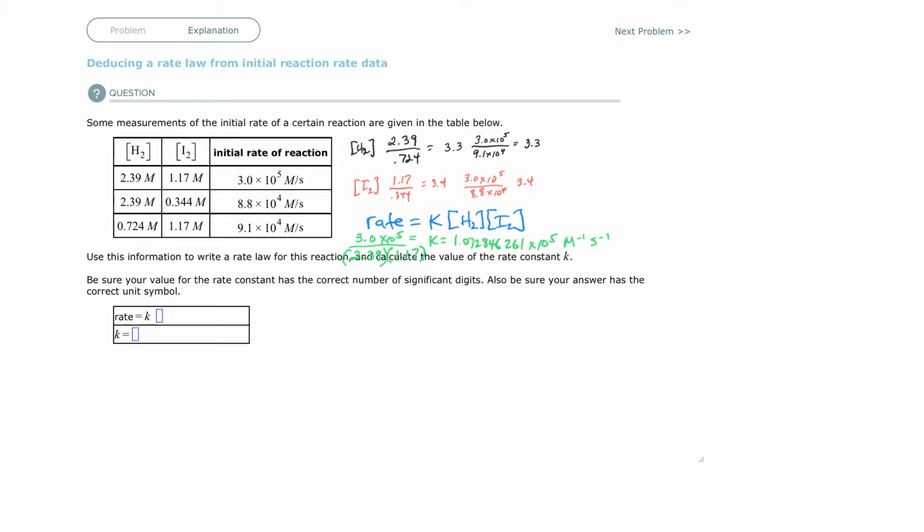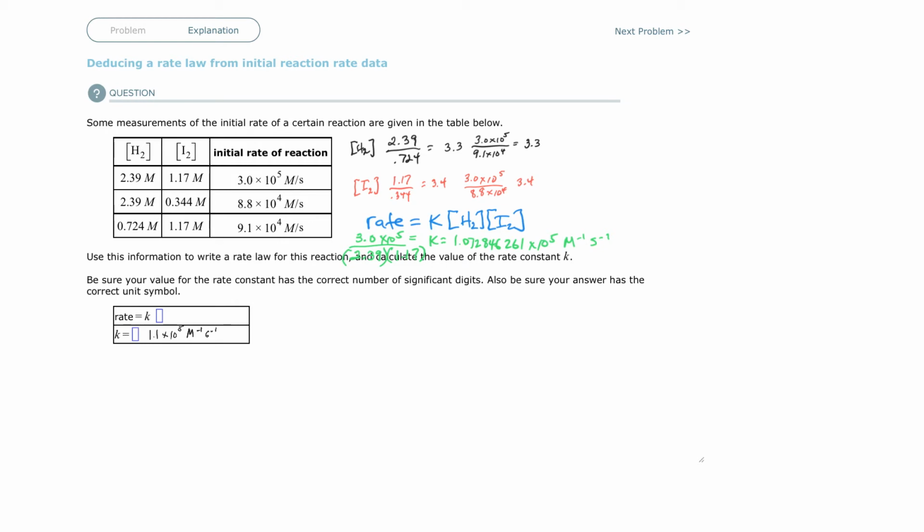Okay, I only want to round to 2 significant figures, because you can see that these are all in 2 significant figures. So I want 2 significant figures here. That's going to be 1.1 times 10 to the 5, and then molars to the -1, seconds to the -1.